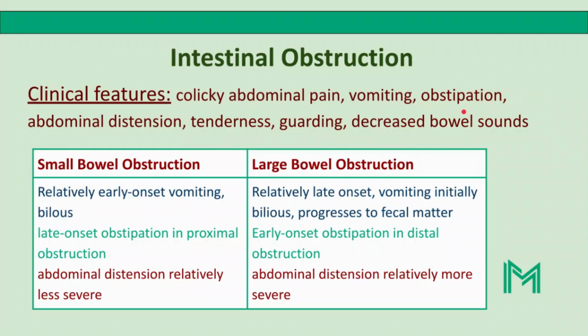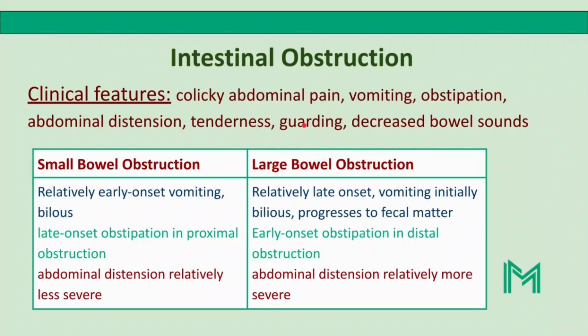Whereas in obstipation, there is total absolute blockade, no passage of bowel, no passage of gas through the rectum. There's a total, complete constipation, if I should say. So that's what differentiates obstipation from constipation. Obstipation is a more severe form. There's a total blockade resulting in neither gas nor fecal matter passing through the rectum. You can also have abdominal distension, tenderness, guarding, and then decreased bowel sounds.